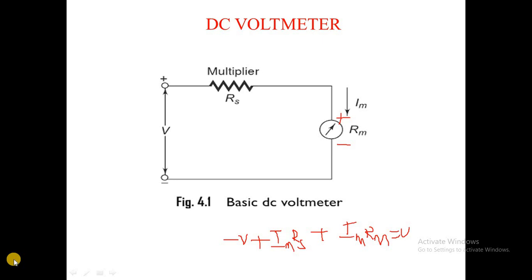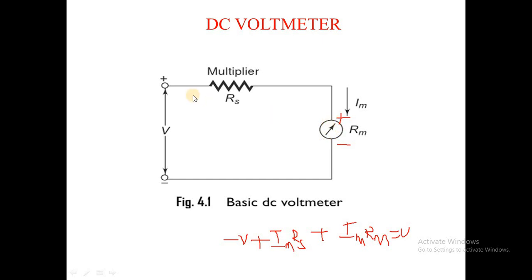In this lecture we are going to discuss the DC voltmeter and AC voltmeter. So let us see the basic diagram of the DC voltmeter. Here it is a PMMC galvanometer.